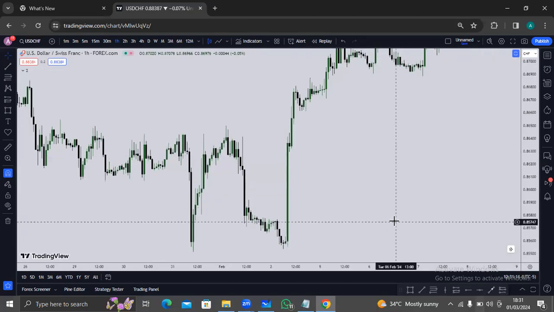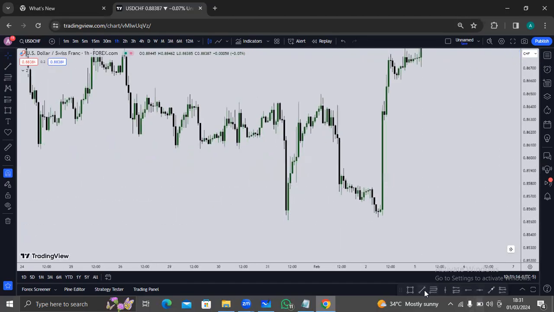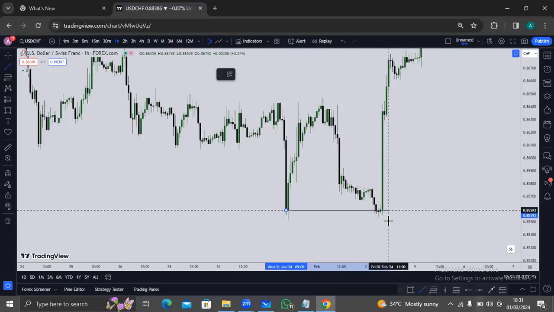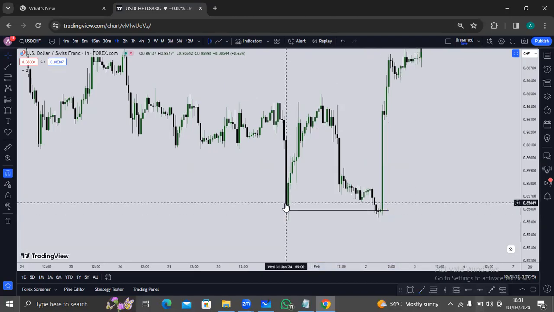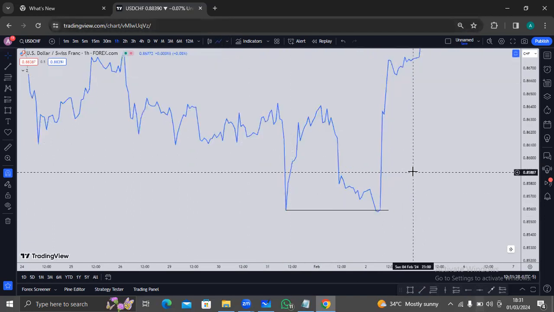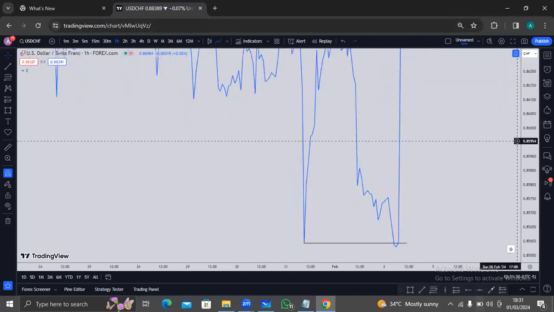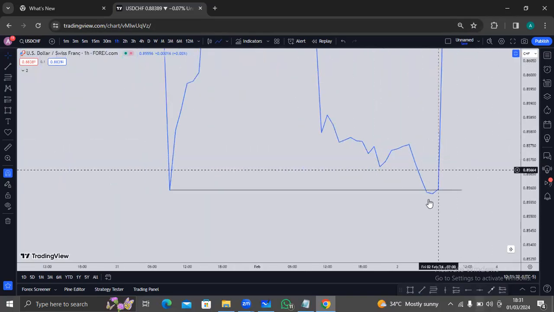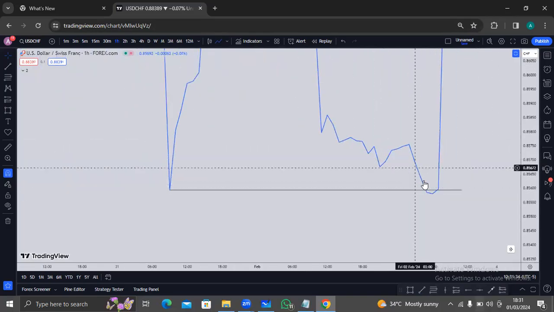Now you see over here, price took out this liquidity over here. You see the bodies. The bodies are also liquidity, not just the wicks, because if you do this, you see the body was raided. So this is a liquidity.